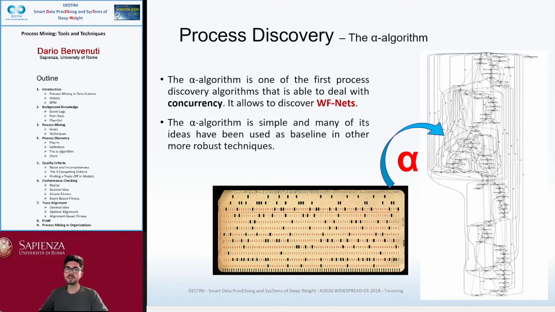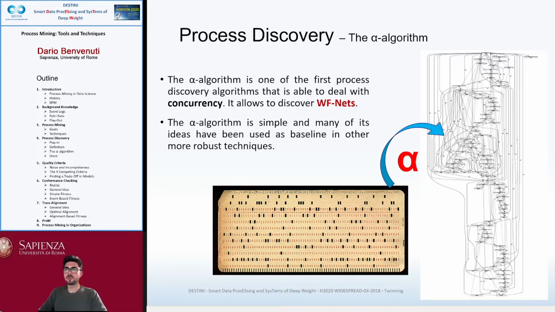The main way to do so is using the alpha algorithm, which is the first process discovery algorithm that is able to deal with concurrency, which is a very important feature to support while we are modeling processes.